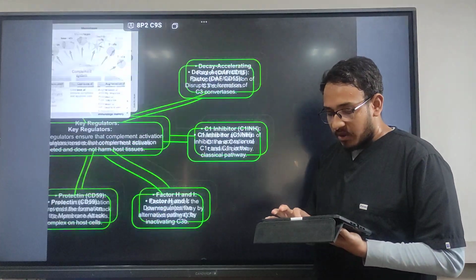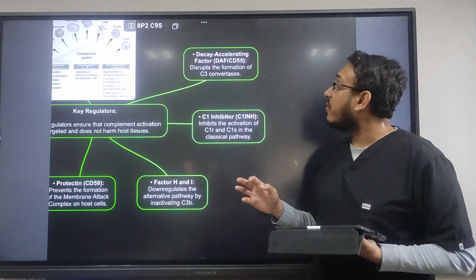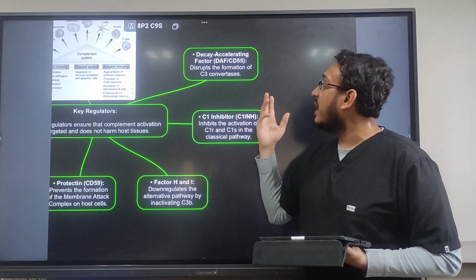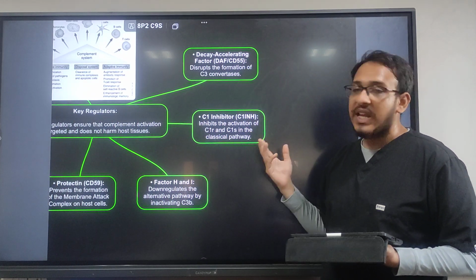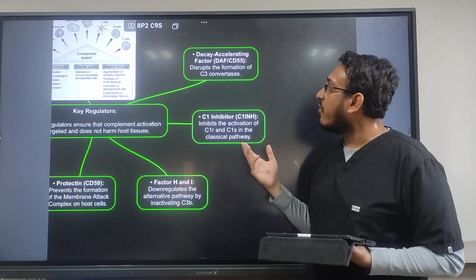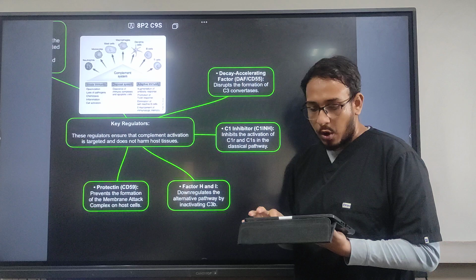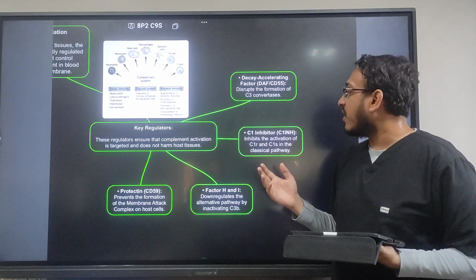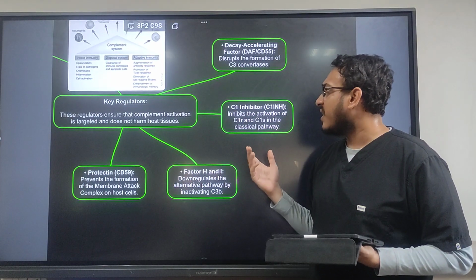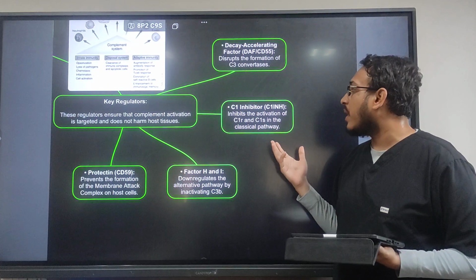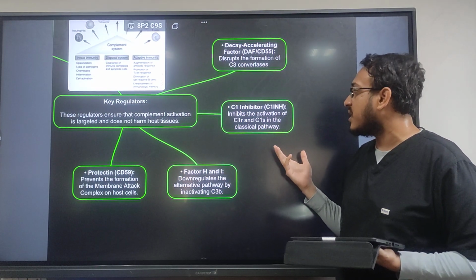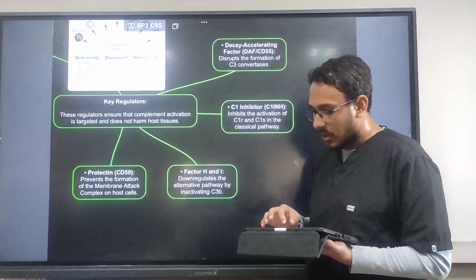So there is decay accelerating factor, DAF, that disrupts the formation of C3 convertase and prevents the complement system. There is C1 inhibitor. These inhibit the activation of C1R and C1S in the classical pathway.